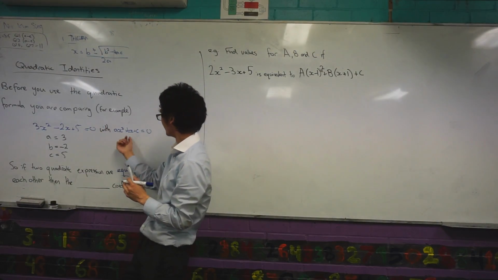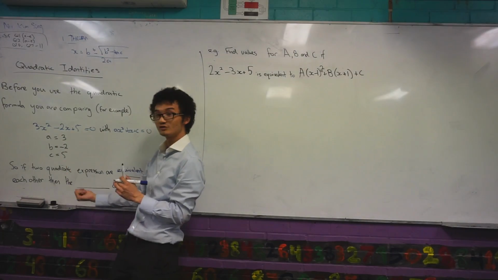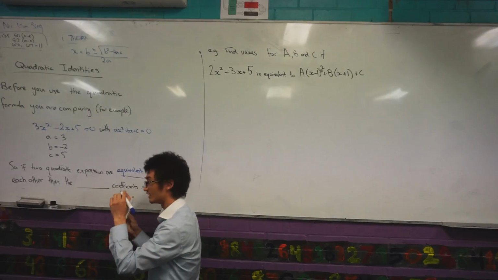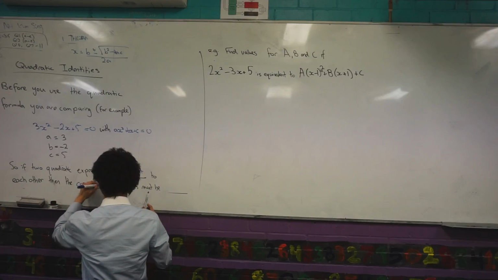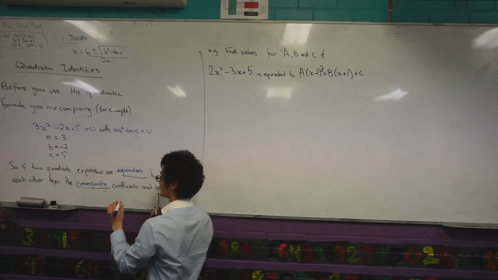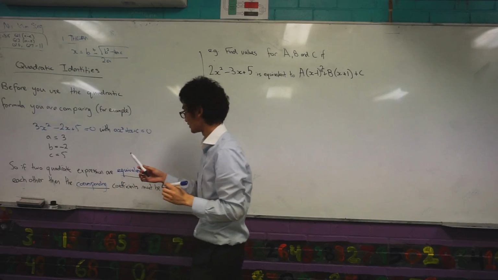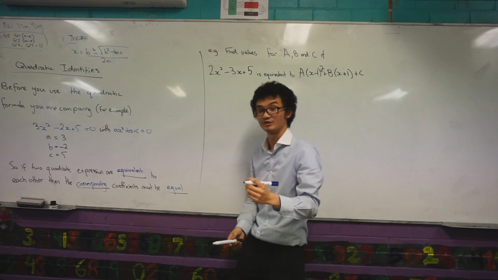If I'm comparing the coefficients here with these x terms, then b must be minus 2. And the constant then, c, must be 5. So then we say the corresponding coefficients must be equal. Okay. So if the quadratic expressions are equivalent to each other, then the corresponding coefficients must be equal.